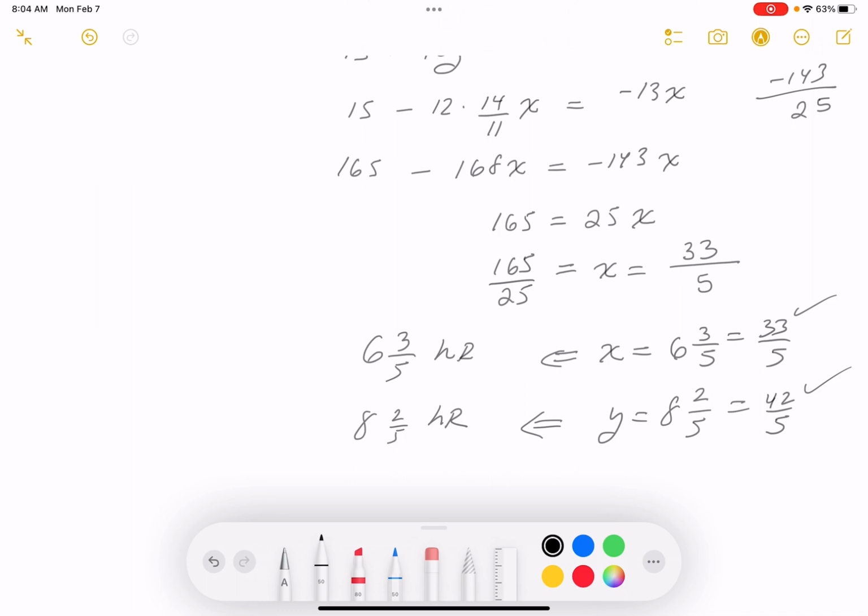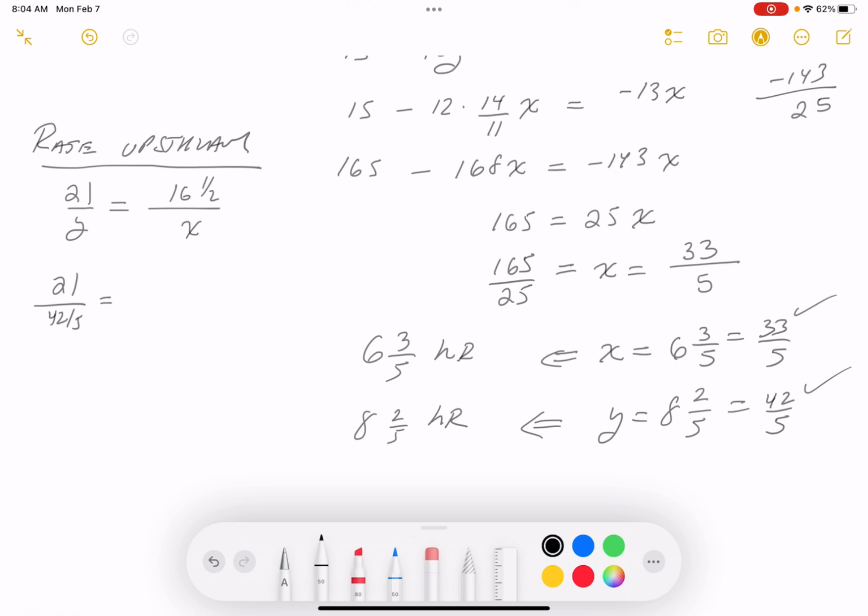So I'm going to say the rate upstream. We did that before, right? And what was the rate upstream? It was either 21 divided by y, or we would have written down 16.5 divided by x. Well, I'm going to write down 21 divided by y, which is 42/5.